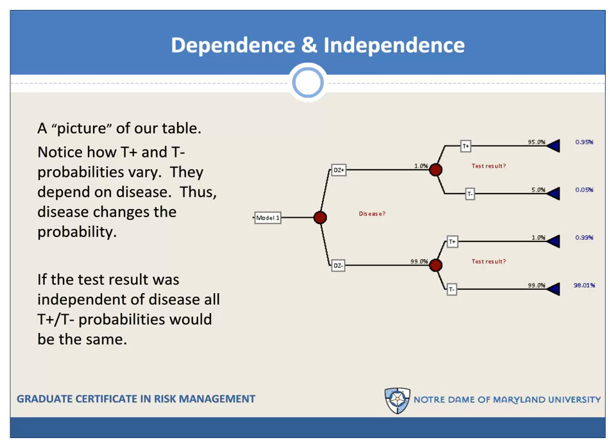So if the test result was independent of disease, the probability of testing positive would be the same on both of these nodes and branches. Okay? So if you're going to be building even simple models like the one that we're looking at, it requires you to understand these rules of probability.